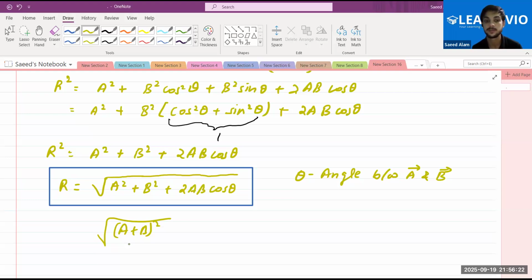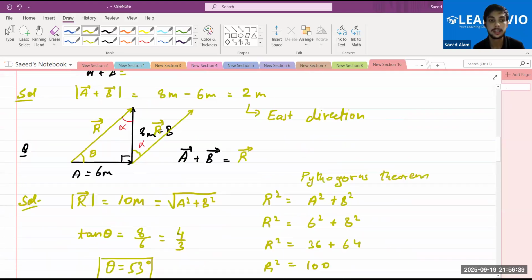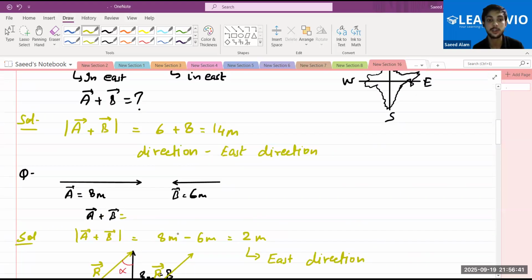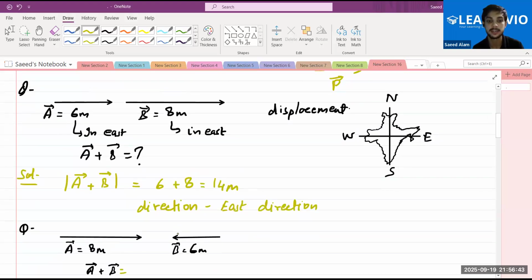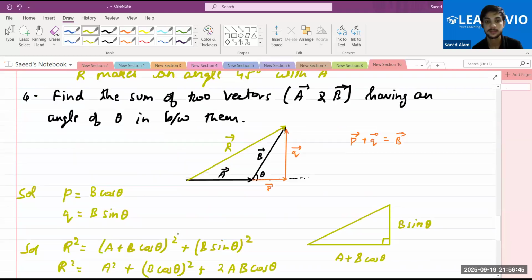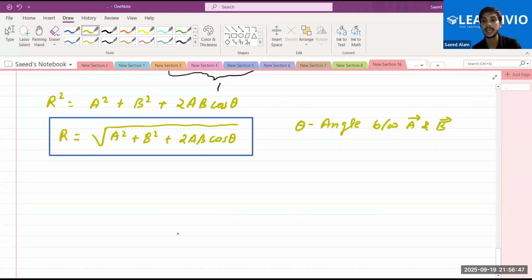Yes or no? Yes. And square and under root will cancel out each other. So the final answer will be 14. Yes or no? Yes. So can you see in the first case, the answer is 14. Is it okay? Yes. Okay. So we can use this formula for the above three cases.